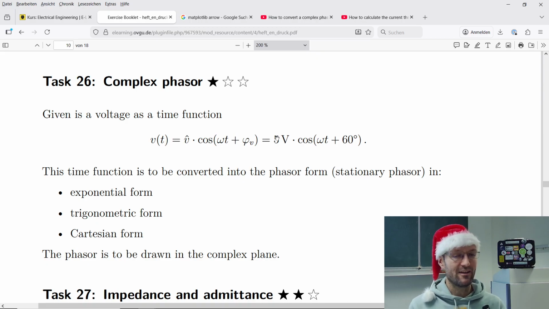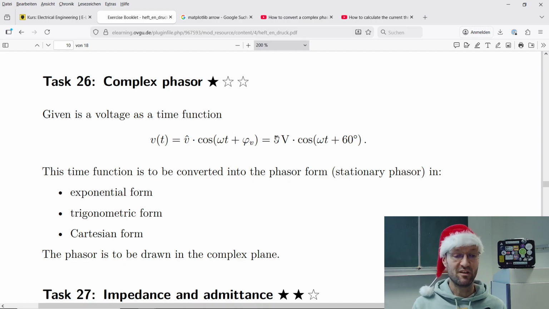I explicitly state this because this is what people often confuse, and you will confuse it as well. So this is a time function. There's nothing complex in there, no complex phasor, and it really depends on time. We can insert different time steps, and for different time steps we get the value of this time function.